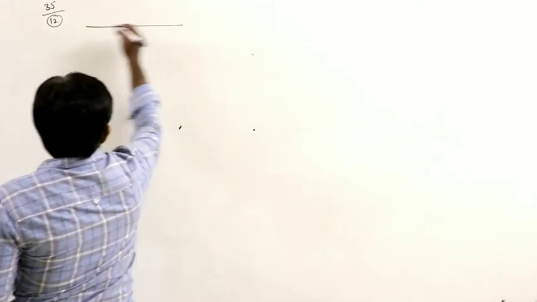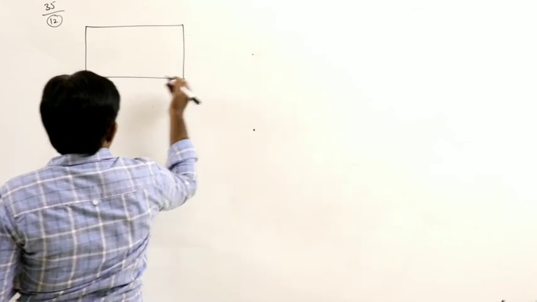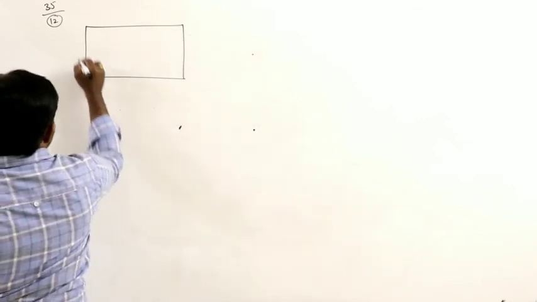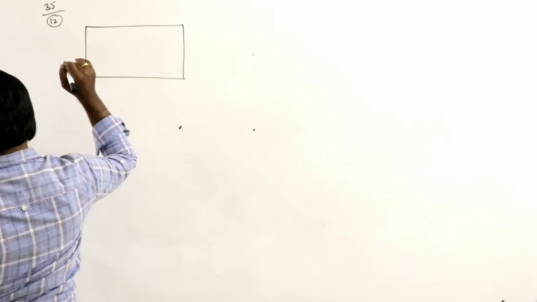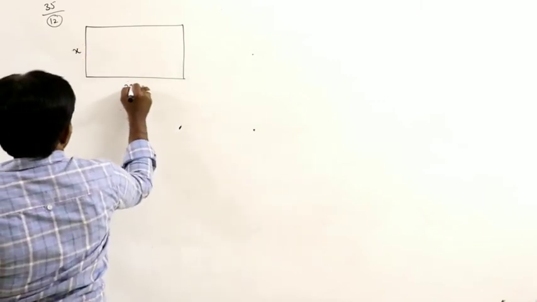So let us say this is the rectangle. It is given that the longer side of the rectangle is twice the length of the shorter side. The shorter side is x and this is 2x.